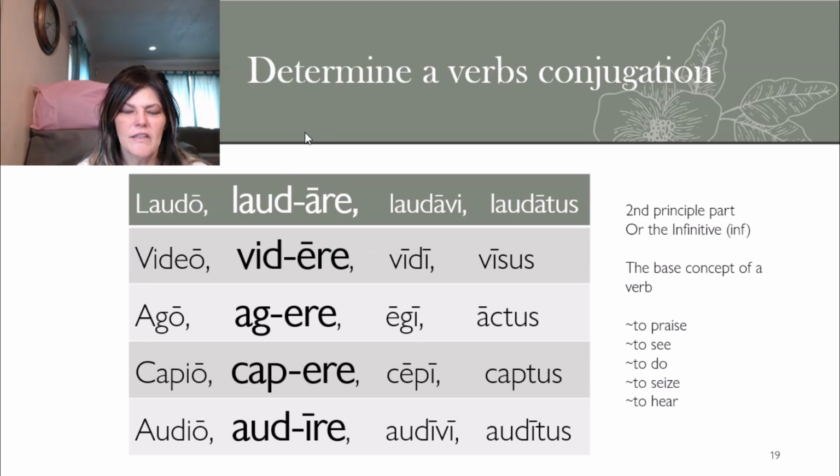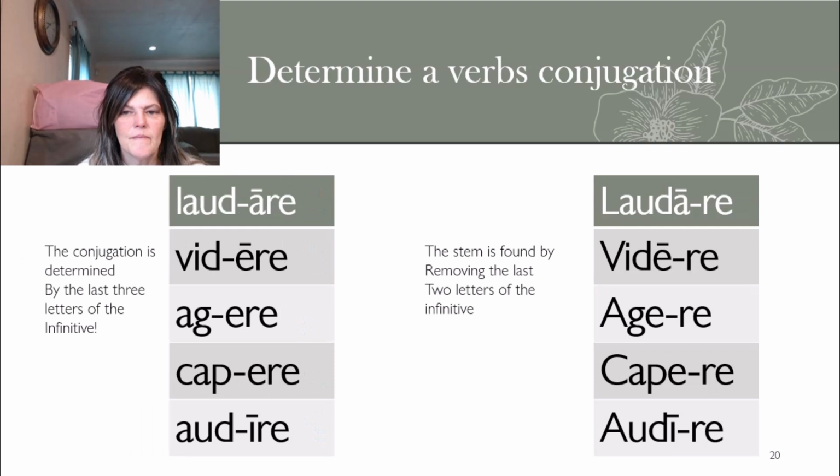Now we're going to take the infinitive and turn it into a verb we can conjugate. To do that, we drop the RE off. That's your infinitive ending. You drop that off, and everything else is used to conjugate.